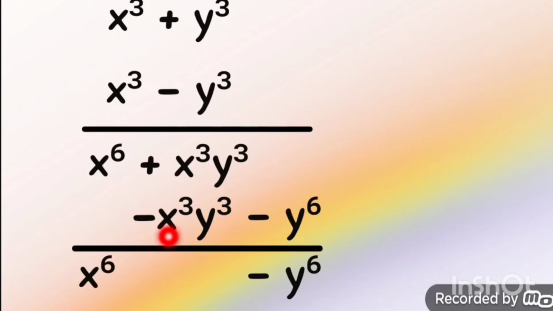Here minus x cube y cube and x cube y cube are the terms with opposite signs, so these terms will be cancelled out and the answer will be x raised to power 6 minus y raised to power 6. So x raised to power 6 minus y raised to power 6 is the continued product of given three polynomials.